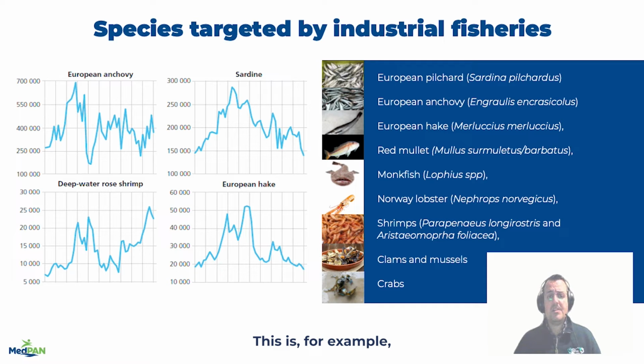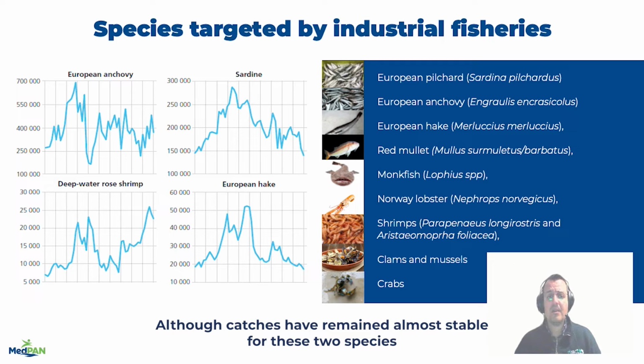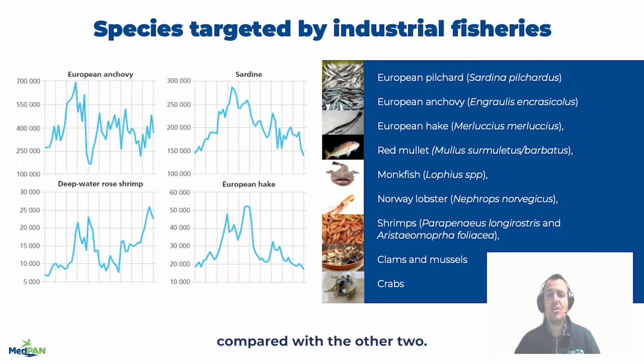This is, for example, the case for the sardine and European hake. As you can see, landed catches and consequently relative biomass have also varied over time for the European anchovy and deep-water rod shrimp, although catches have remained almost stable for these two species compared with the other two.